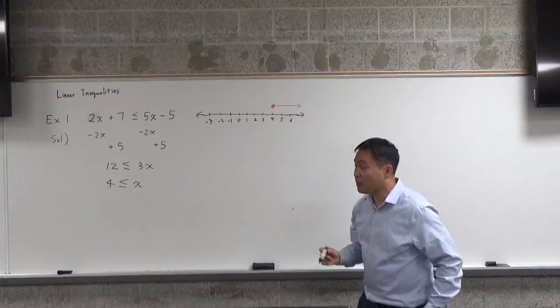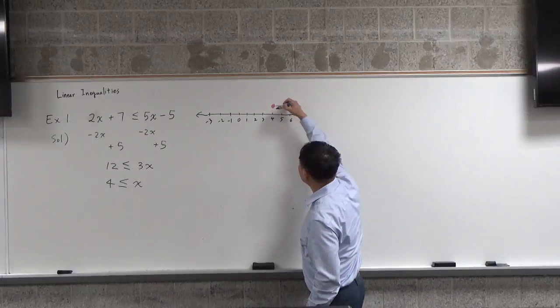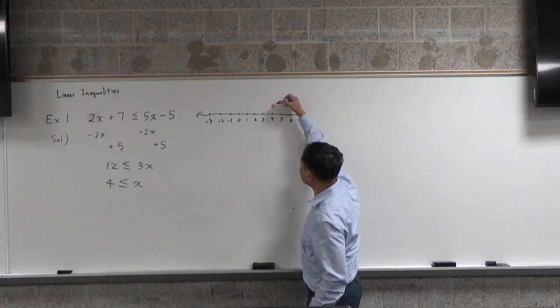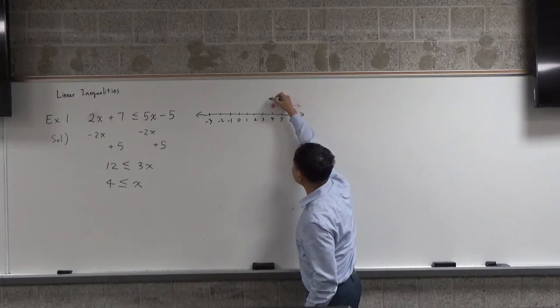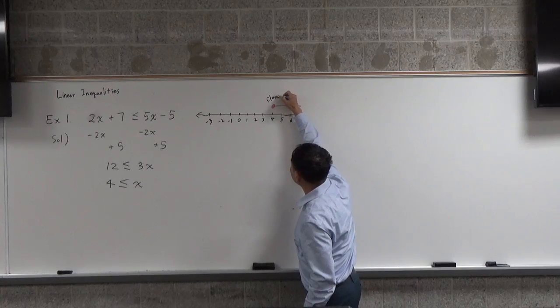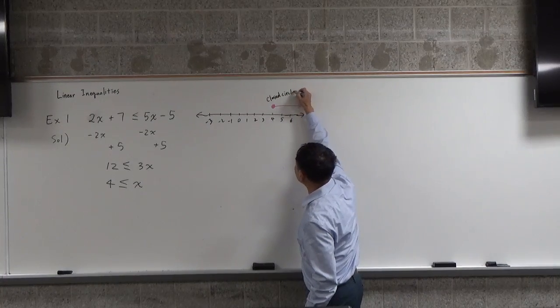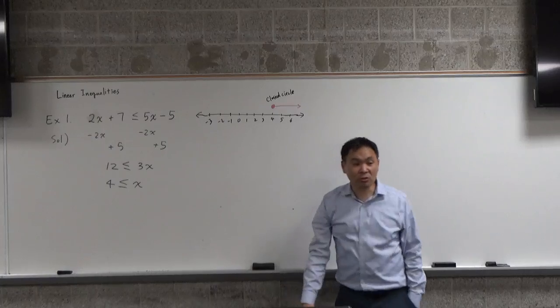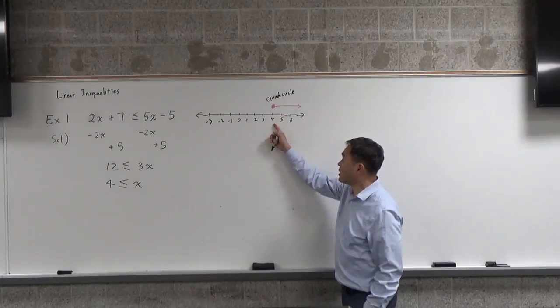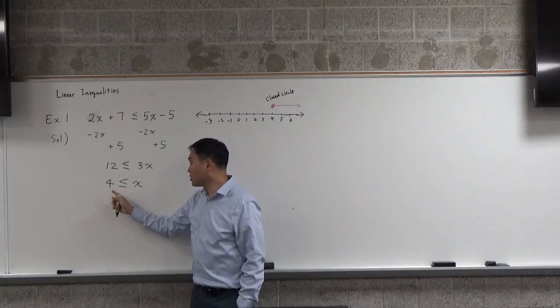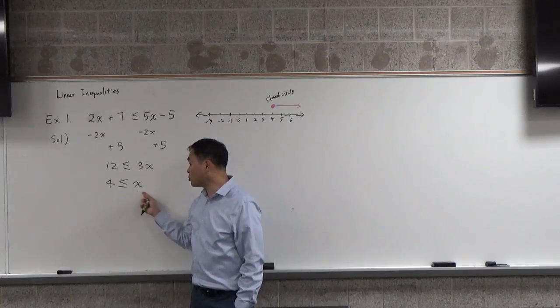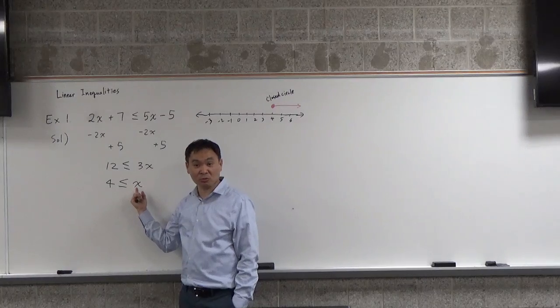And one important thing is, I'm circling this in, so it's a filled-in circle. And such a circle is a closed circle. I call it closed circle. And we use the closed circle if that endpoint is included. So this solution includes 4. 4 is a possible solution, right?